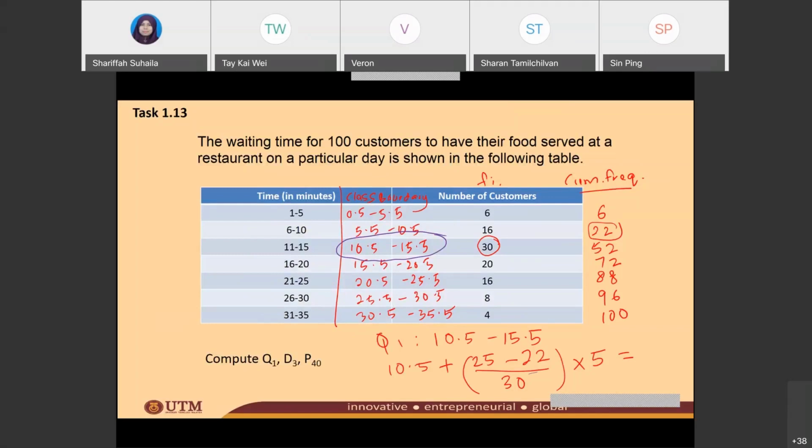So just compute, give me the last value. 11.8. Okay, thank you. So the answer should be 11.8.